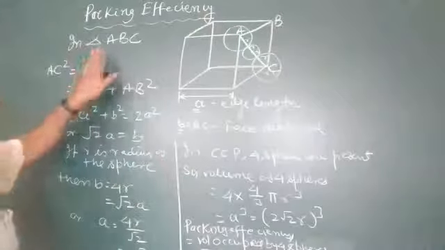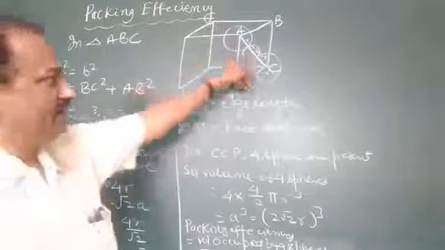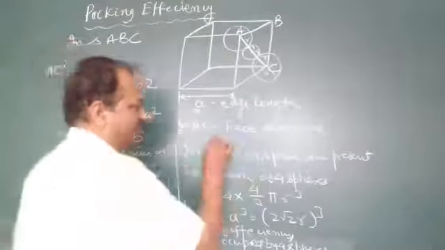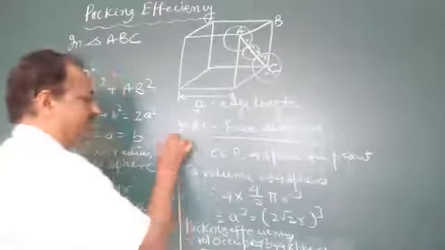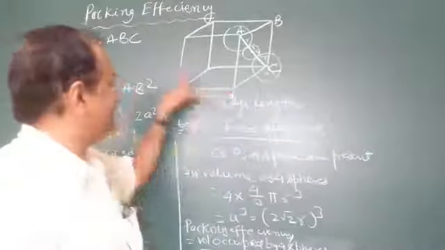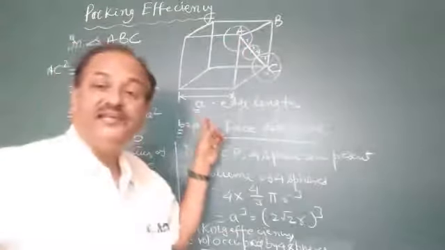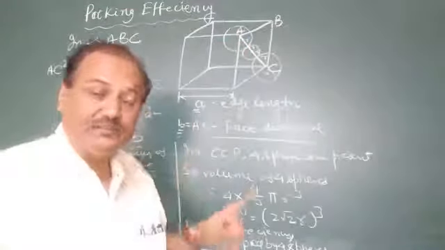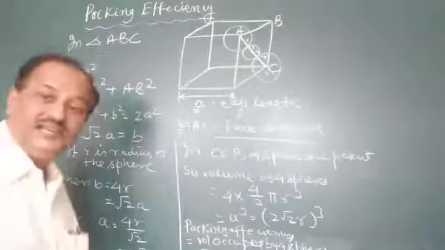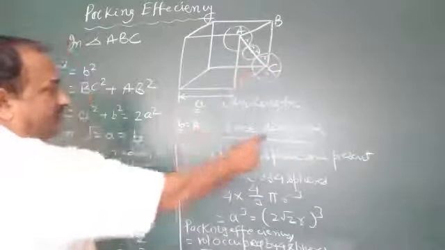Now so children, see how we start. In triangle ABC, AC square. AC is the face diagonal, and it is represented by letter b, and a is the edge length. So here in this cube, edge length is represented by small a. So in triangle ABC, AC square is equal to b square. This is the face diagonal.